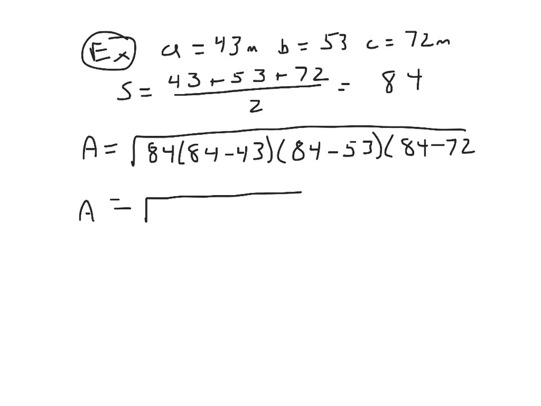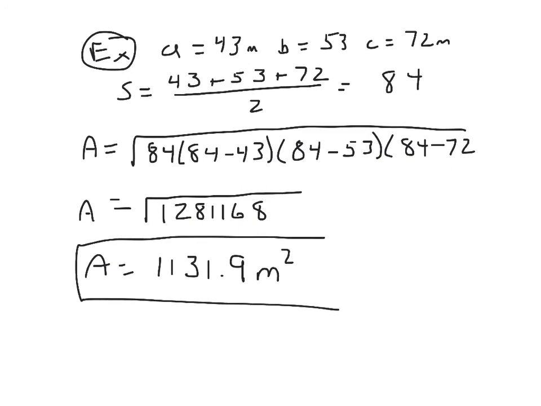So do this with me here. 84 times (84 minus 43) times (84 minus 53) times (84 minus 72). Make sure you agree with me here. I'm getting a pretty big number, 128.1168, and then I do need to remember to take the square root of that answer, which gives me 1,131.9 meters squared. That's my area for that triangle.